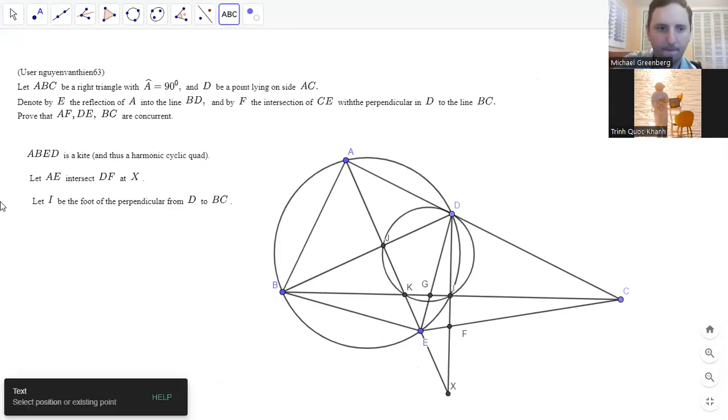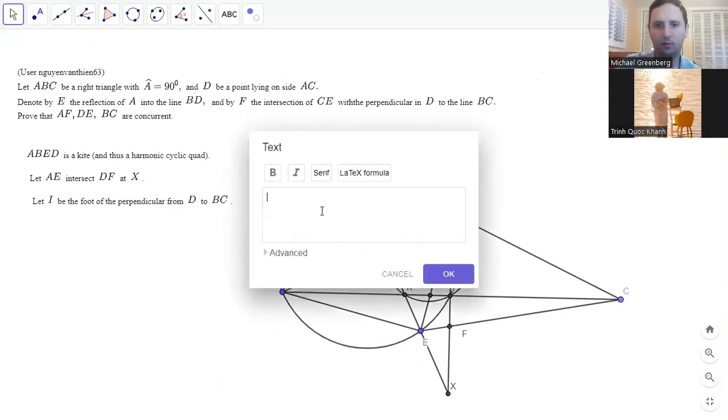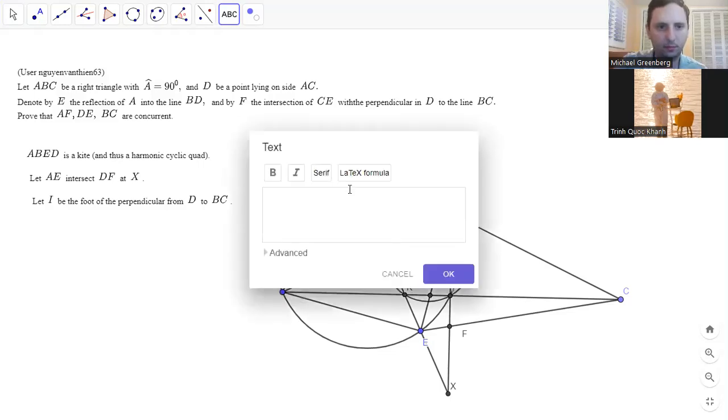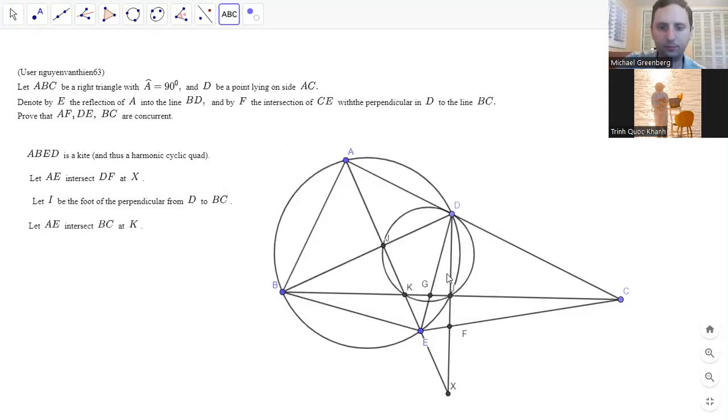So we have, so let AE intersect BC at K. And then projecting through I onto the circle ABED.